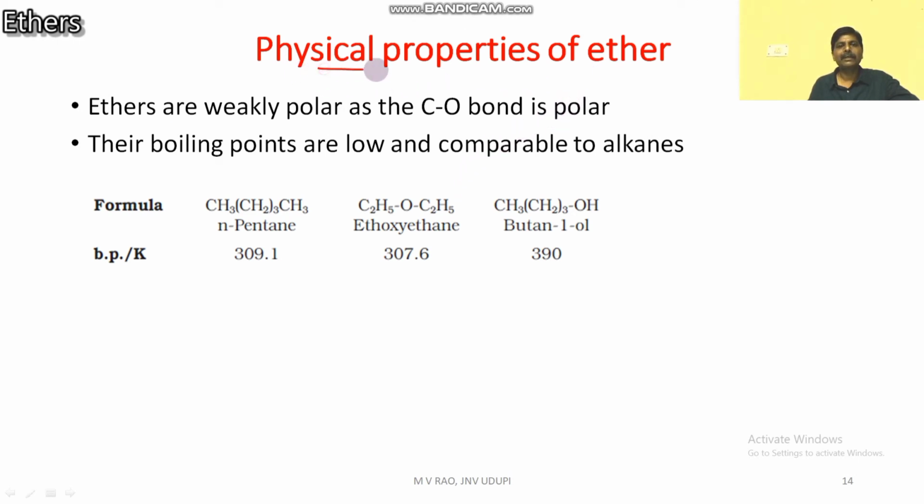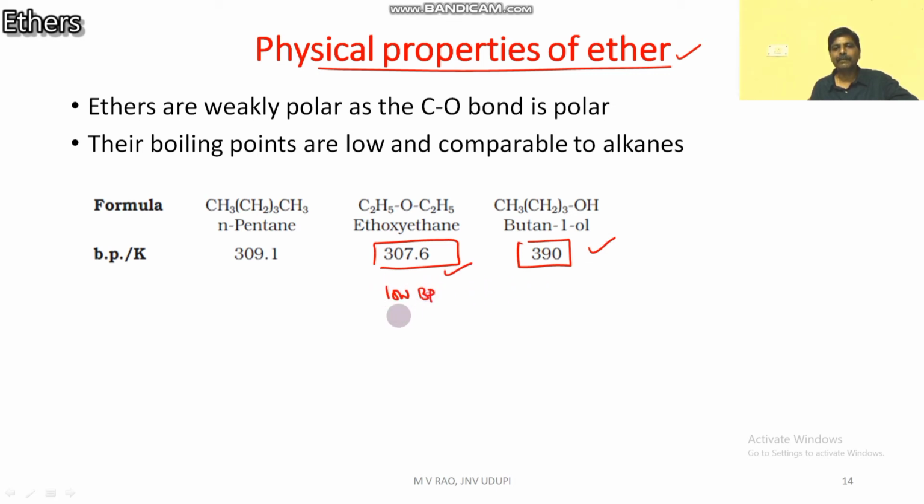Next, physical properties of ethers. Already you have seen that the boiling point of ethers is less than that of alcohols. Alcohol has a higher boiling point because intermolecular hydrogen bonding is there. Ether has a low boiling point because there is no hydrogen bonding.